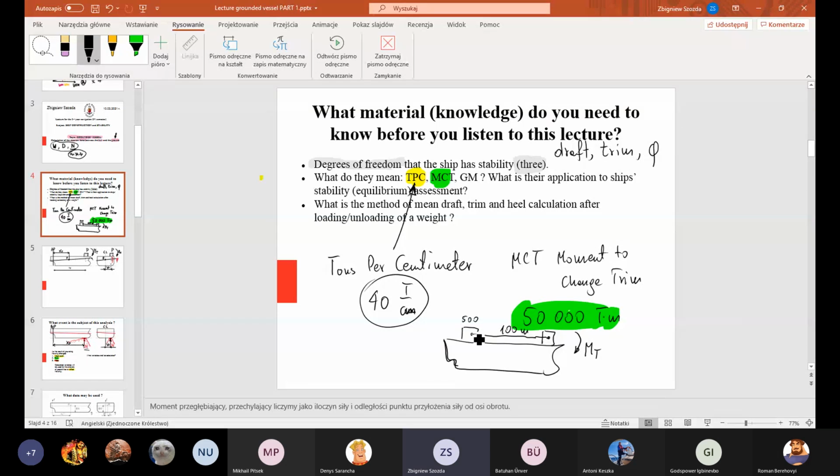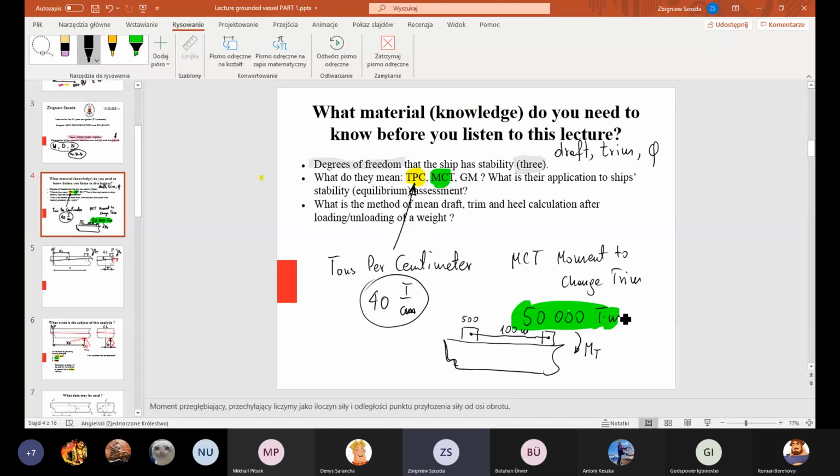If I shift 500 tons over the distance 100 meters, at the same time, I provide trimming moment. Yes, you are right. Okay. So this information tells us what moment shall be used to change trim per 1 meter. What moment shall be used for our ship to change trim per 1 meter?